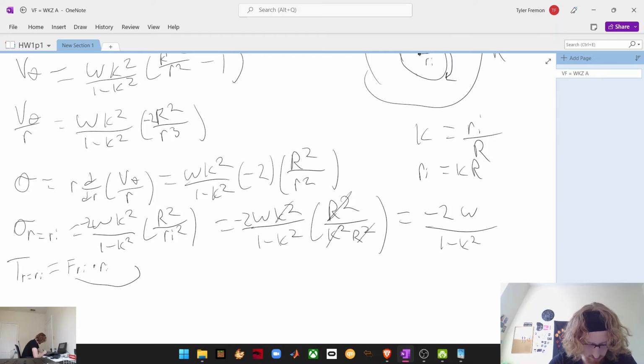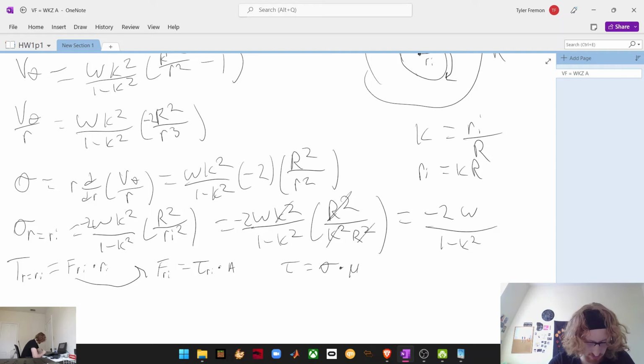And the force can be written as the shear stress times the area, and the shear stress is equal to our shear rate times the viscosity of the fluid.